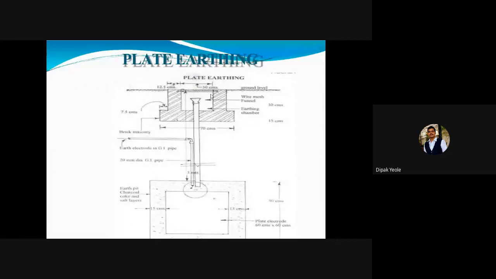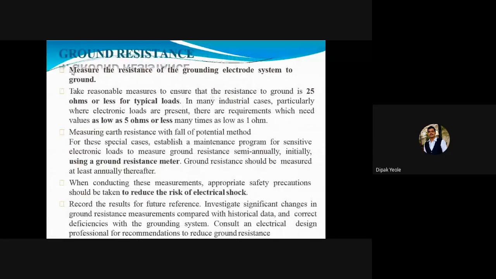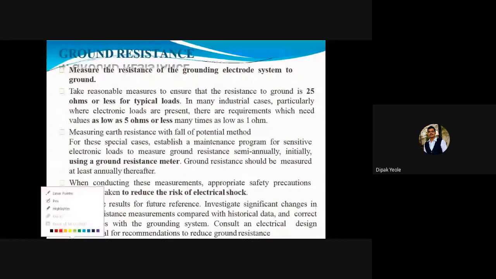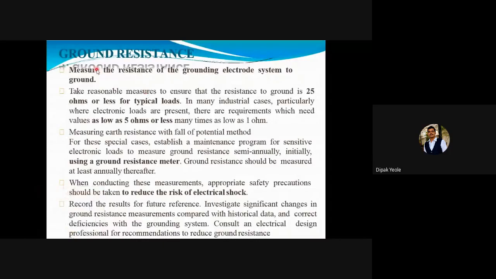Yes. Now we are interested in the next important part. So what have we discussed till now? We have discussed the pipe earthing and plate earthing. Now we are interested in the ground resistance. So we'll discuss the measurement of this ground resistance.